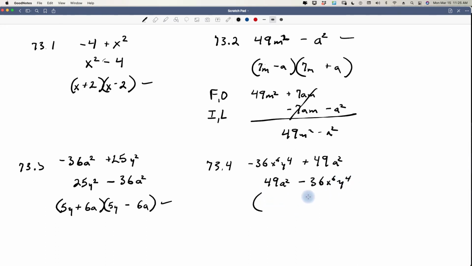Set up our parentheses. The square root of 49a squared is 7a. The square root of 36 is 6. Square root of x to the 6 is x cubed, and the square root of y to the 4 is y squared. It's going to be positive, and this one's going to be the negative version of that number.